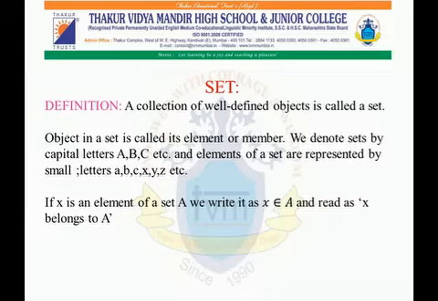If x is an element of a set A, we write it as x belongs to A. The symbol is 'belongs to', and it is read as x belongs to A. That means x is in the set A. So x is the element and A is the set. Understood?